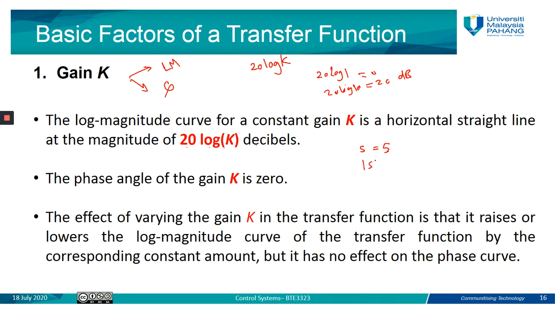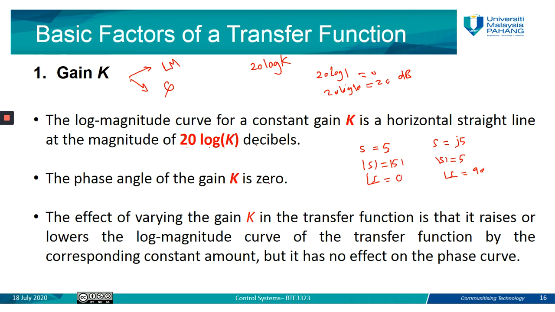The magnitude of s equals 5 and the angle of s equals 0. Why? Because it's a real number. But if we have s equal to j5, the magnitude of s is also 5, but the angle of s equals 90. This is for example.